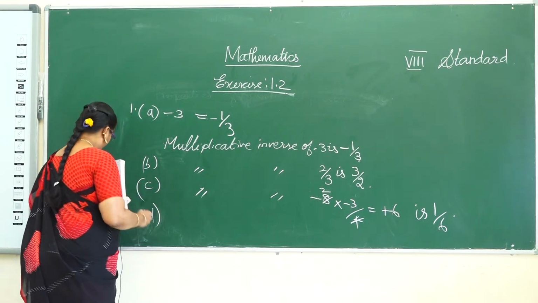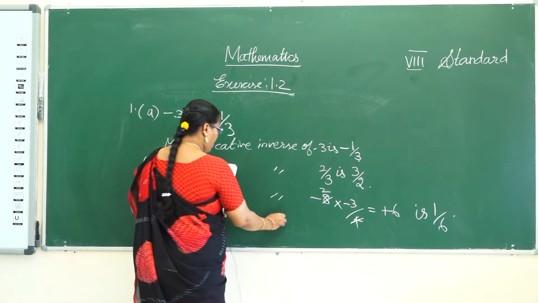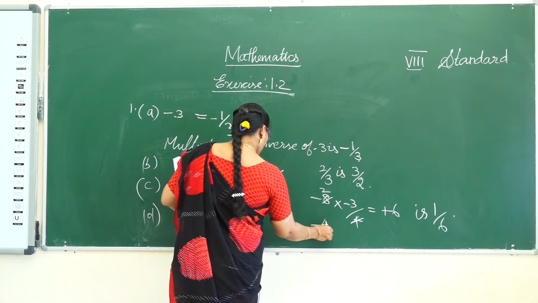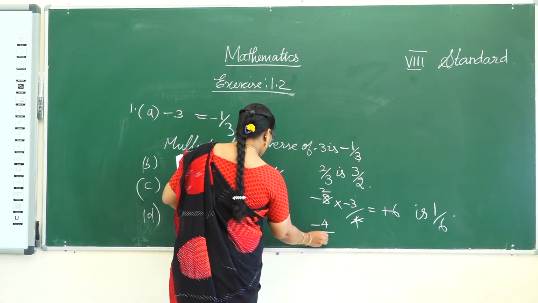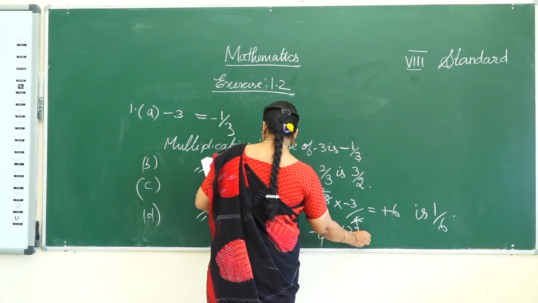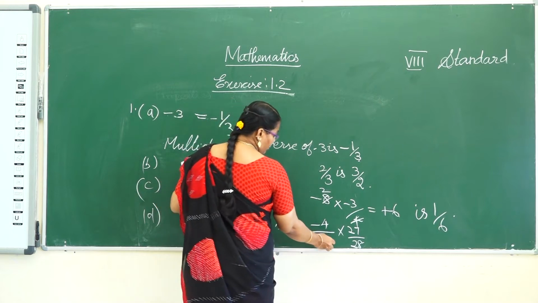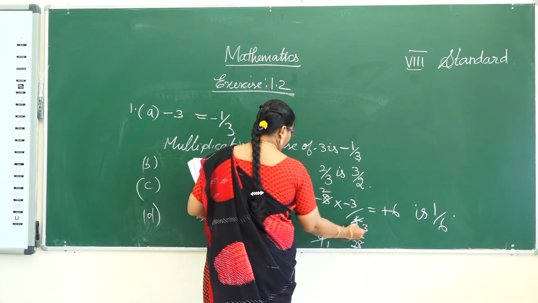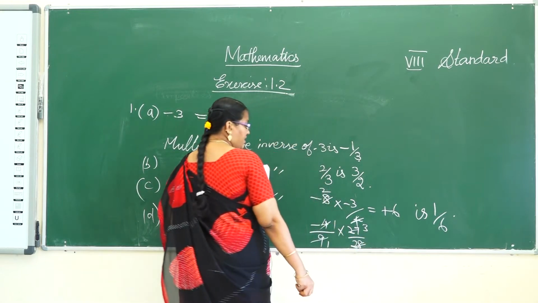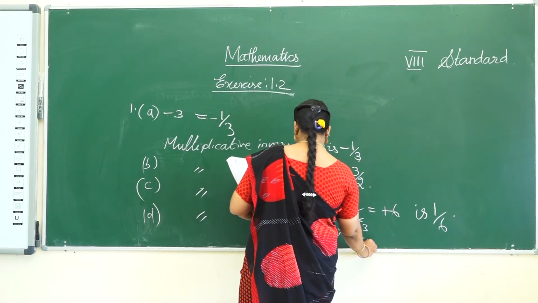And D, the multiplicative inverse of minus 4 by 9 into 27 by 28. In the 9 table, 9 ones are 9, 9 threes are 27; 4 ones are 4, 4 sevens are 28.